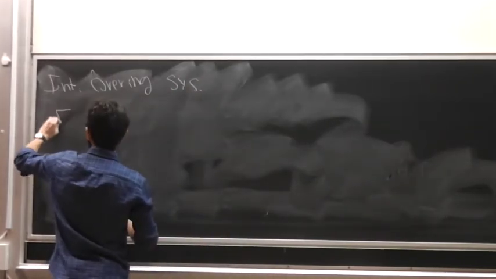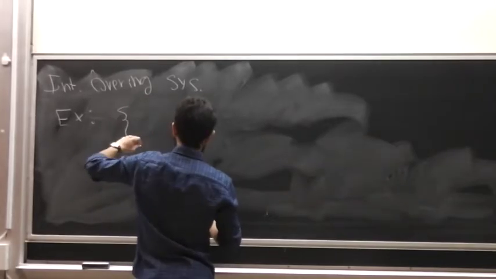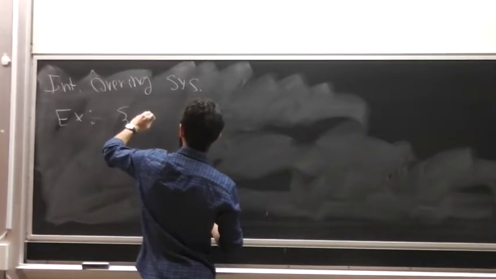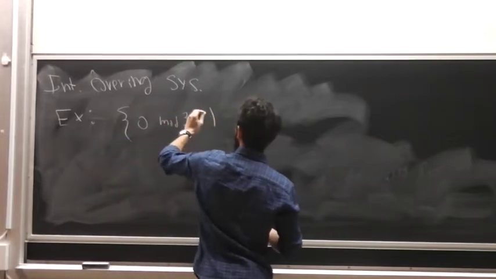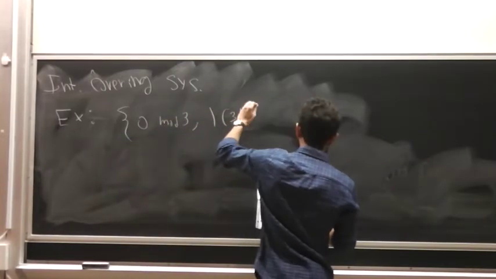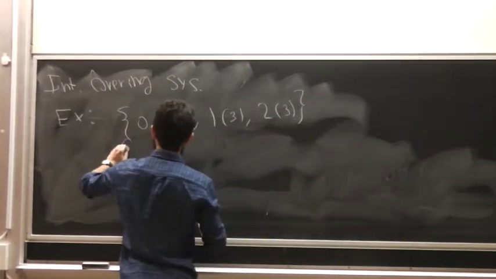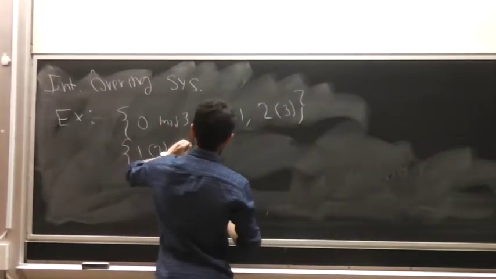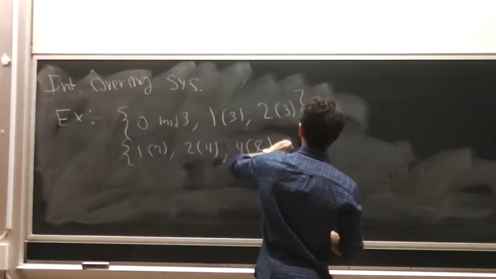Here are some examples of integer covering systems. You could have 0 mod 3, 1 mod 3, 2 mod 3. You could have 1 mod 2, 2 mod 4, 4 mod 8, 0 mod 8.